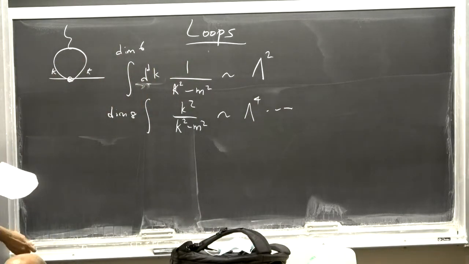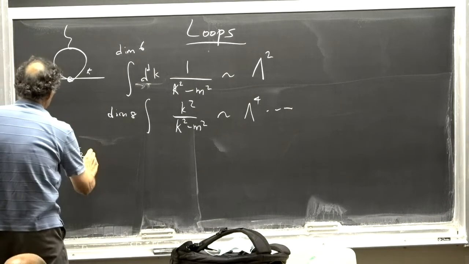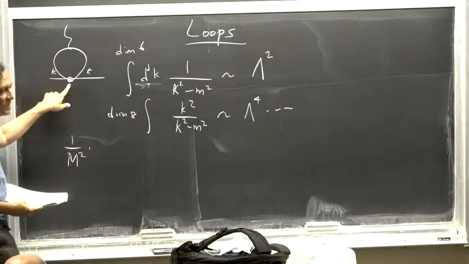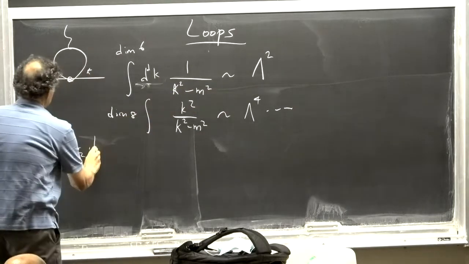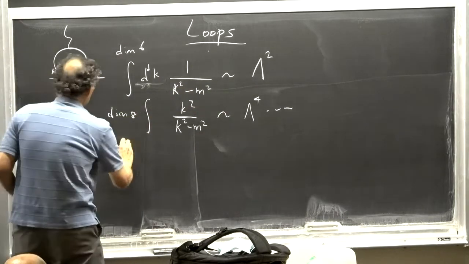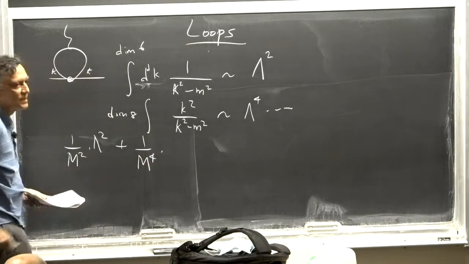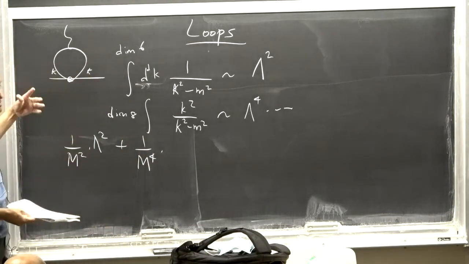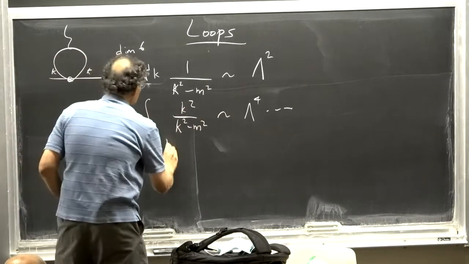And my EFT amplitude was, there was some 1 over m squared from here. And then the loop gave me cutoff squared. And then the dimension 8 was a 1 over m to the 4th. The m here just stands for either mw or v or whatever. It doesn't really matter. And then you get a cutoff to the 4th.